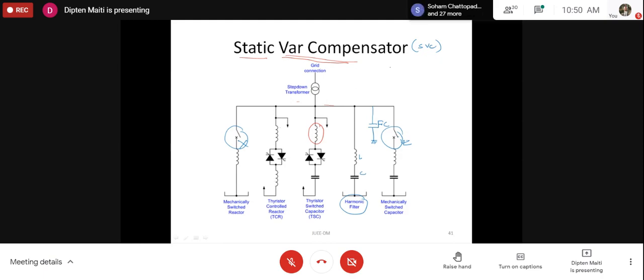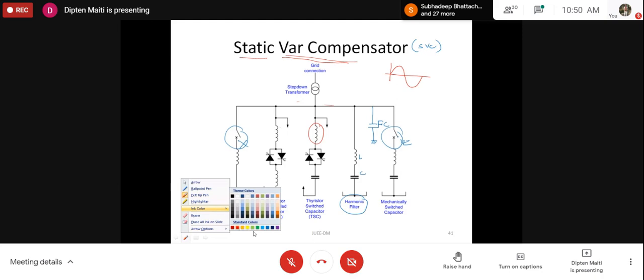Now how does the TCR behave? Let's say this is the voltage. For simplicity, I am considering that the voltage is purely sinusoidal. That makes our life easier.